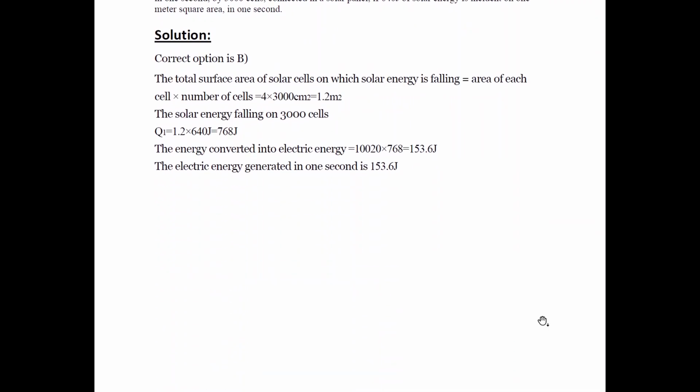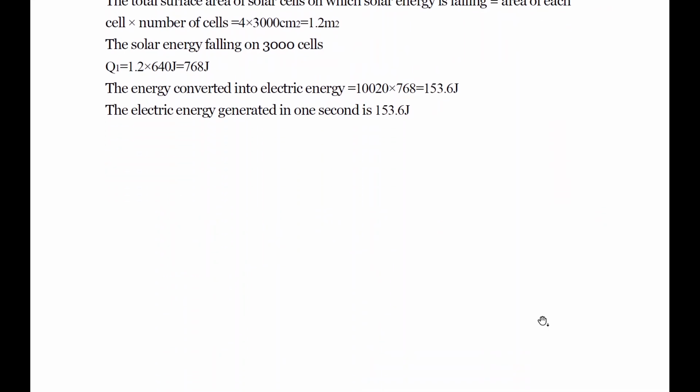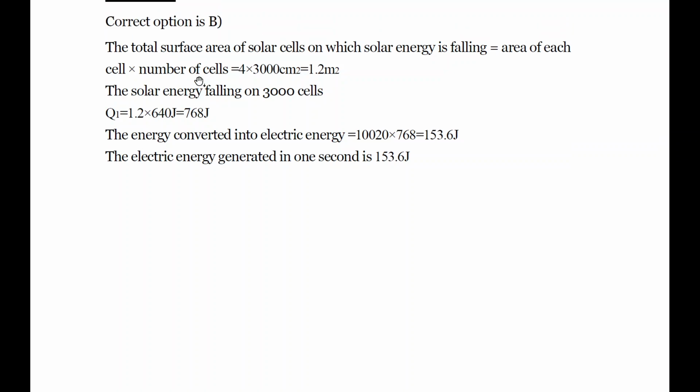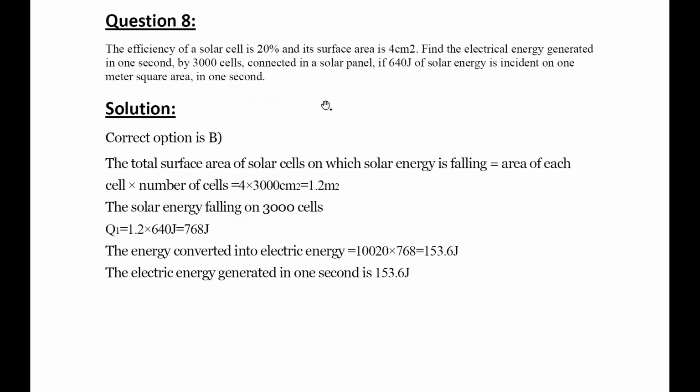The total surface area of the solar cell on which solar energy is falling is the area of each cell into the number of cells. We have been given 3000 cells, and the surface area of each cell is 4 centimeters square. If we multiply that, we get 12,000 centimeters square, which is 1.2 meter square.